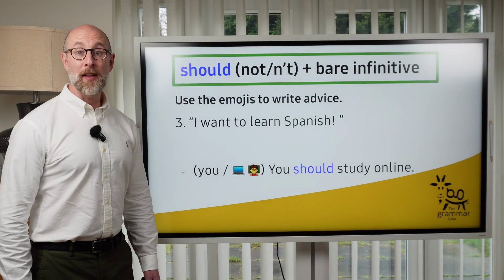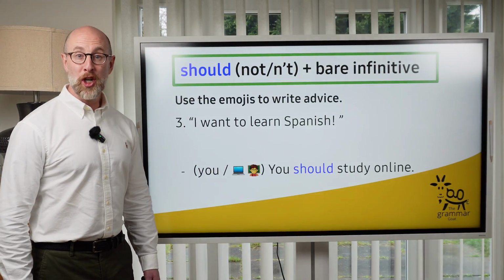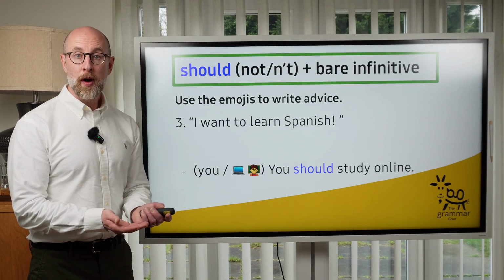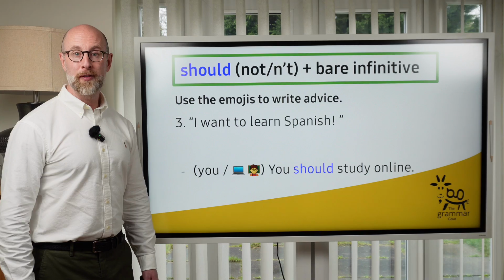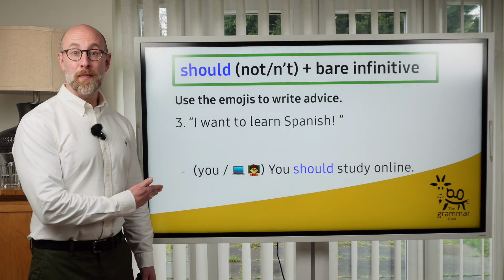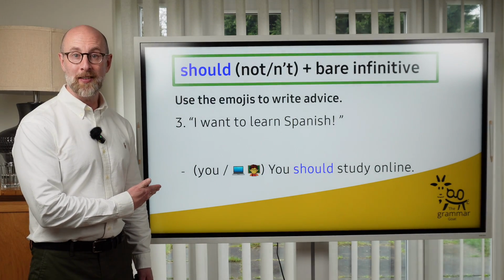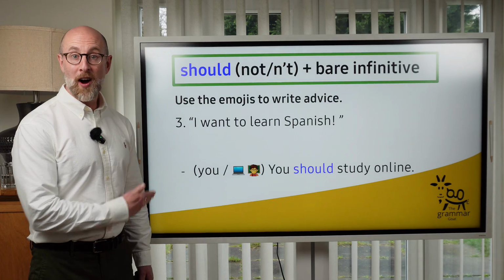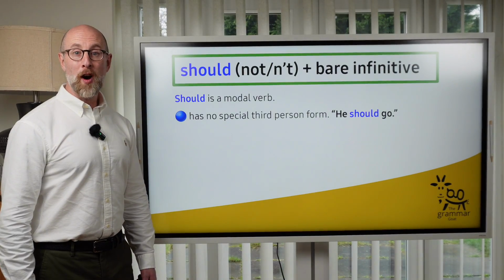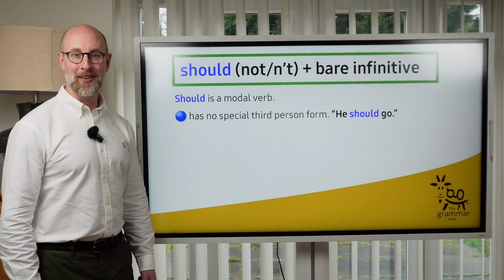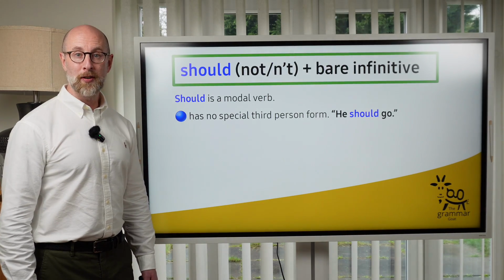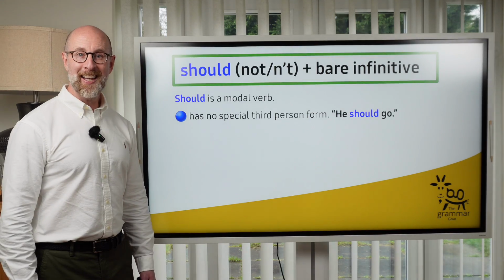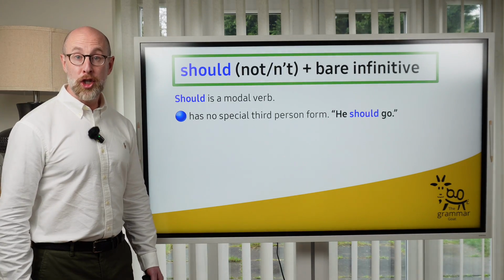As I said at the start of the lesson, should belongs to a group of special verbs called modal verbs. Let's look now at some common tendencies of modal verbs. Modal verbs like should have no third person. So it's I should, you should, also he, she, it should.